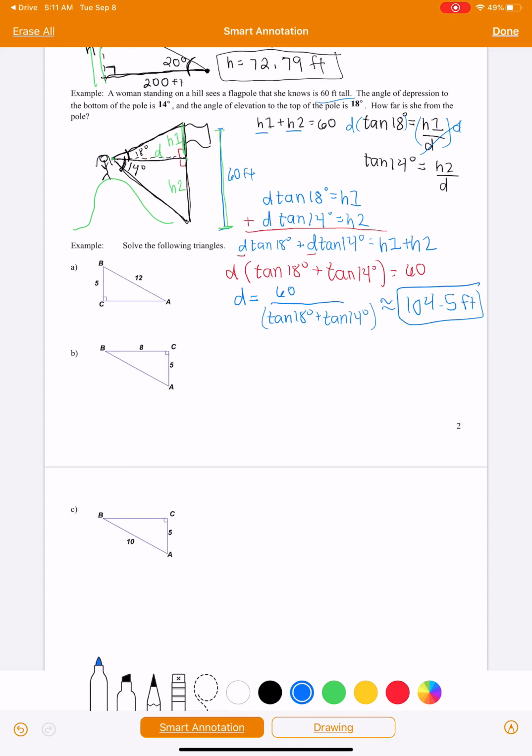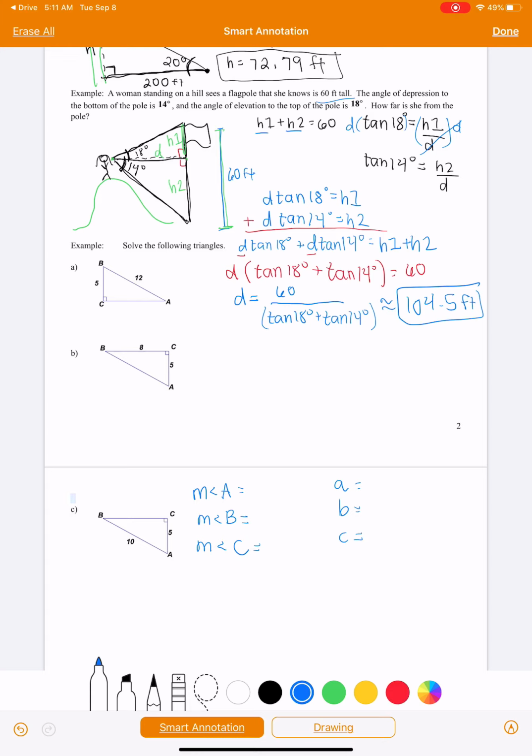First off, I'm given 2 side lengths. That's for all of these: given 2 side lengths, I need to find the third side length as well as all the other angles. Remember, when it says solve a triangle, what we're looking for are all of our angle measures and all of our side lengths.